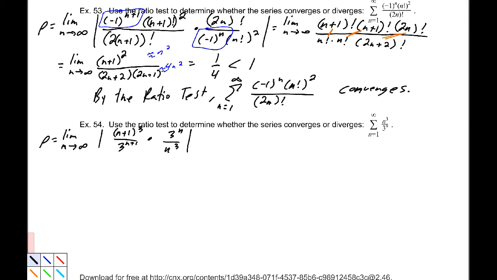They don't actually serve a real purpose, but they were necessary in example 53, if you notice that. All right, so some things simplify. These two become a 3 in the denominator. 3, and then we have our n plus 1 cubed and an n cubed.